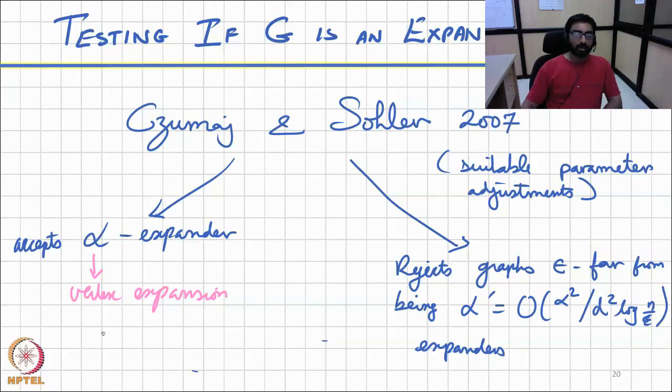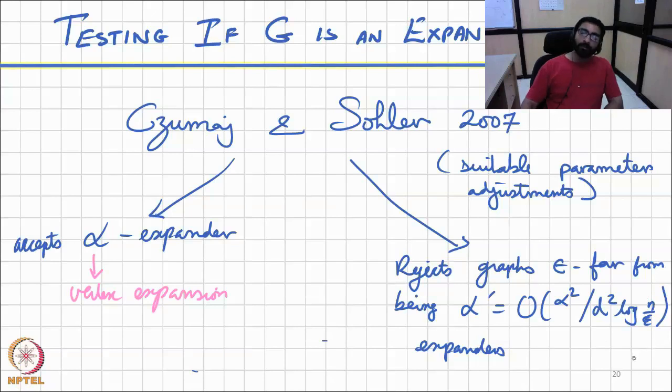Here we're using vertex expansion. Moreover, they also showed that this algorithm rejects graphs that are epsilon far from being alpha prime expanders. And here the alpha prime is at most O of alpha squared divided by d squared log n over epsilon.